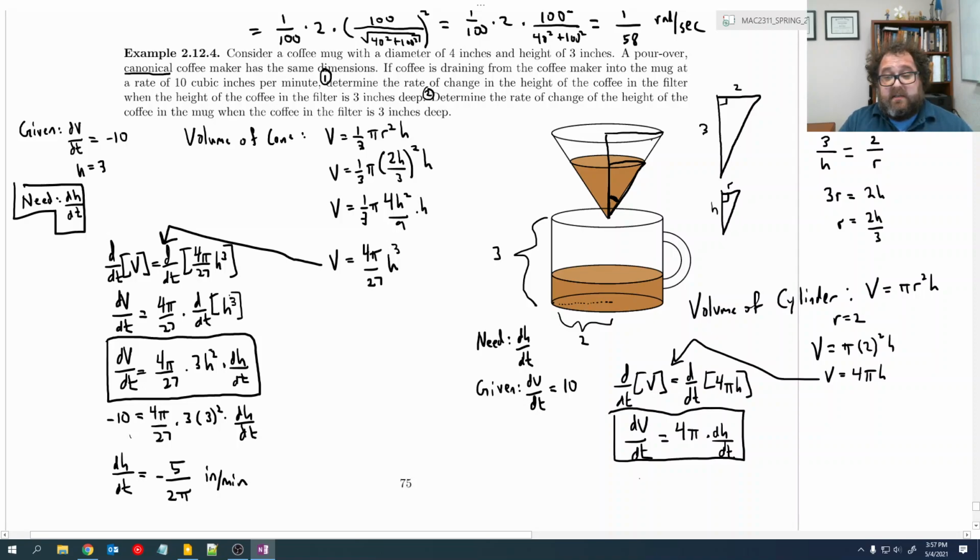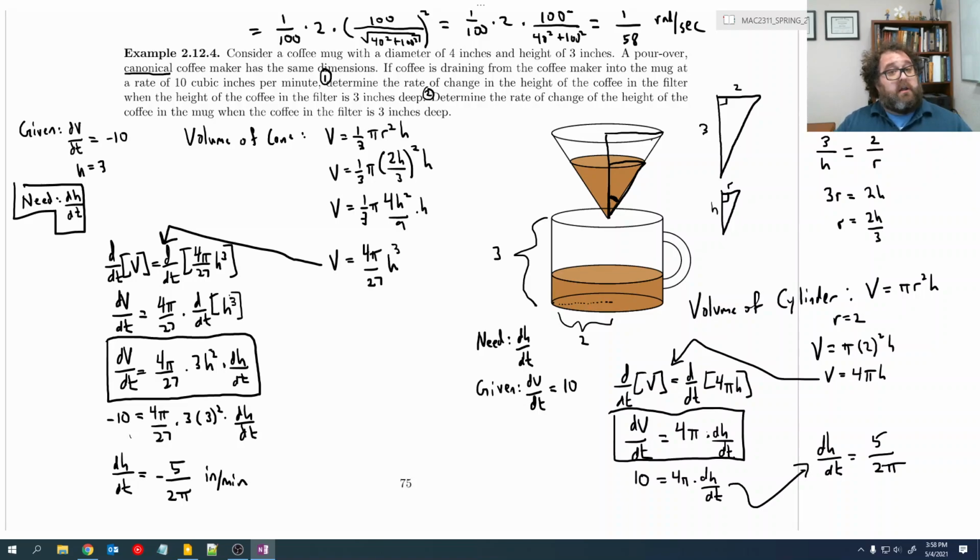We know that dV/dt is 10, equals 4 pi times dh/dt, and now we can easily solve this for dh/dt. Divide both sides by 4 pi, and we get dh/dt. 10 over 4 is 5 over 2, so 5 over 2 pi. Interesting: 5 over 2 pi negative, 5 over 2 pi positive.